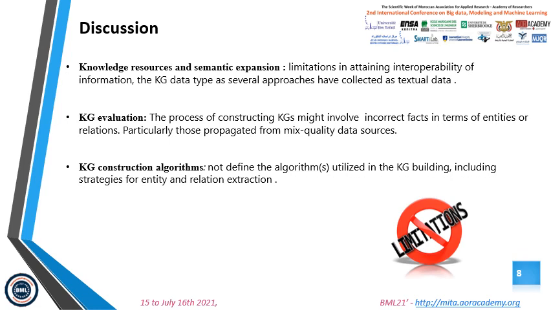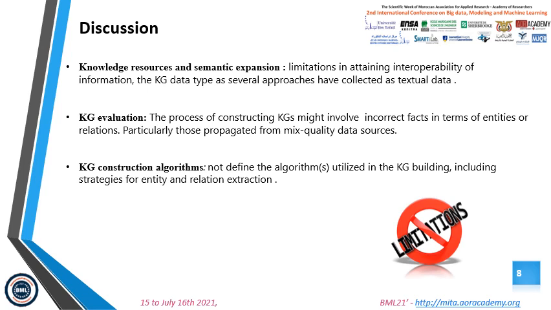The review of knowledge graph construction approaches reveals a number of limitations related to the following summarized points. Firstly, knowledge resources and semantic expansion, that means attaining interoperability of information and the knowledge graph data type, as several approaches have collected textual data.